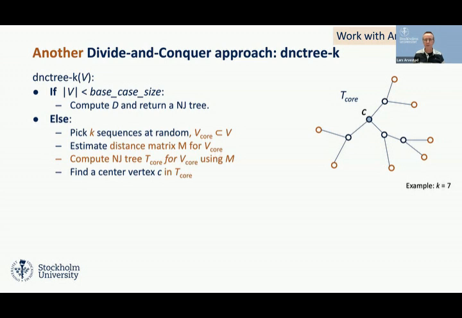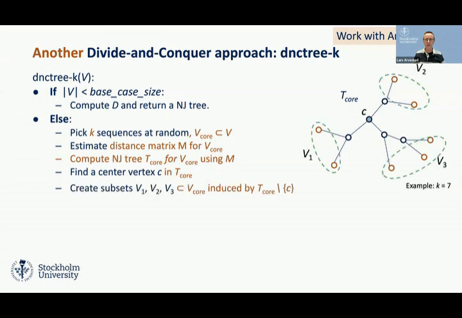Technically that's either 1 or 2 vertices, but we pick the first one we can get our hands on. And this center sequence is, again, defining the subproblems for us. So we compute the center tree and see what subtrees it partitions, and how the core taxa, the ones we picked out as a start, are partitioned using this center sequence.